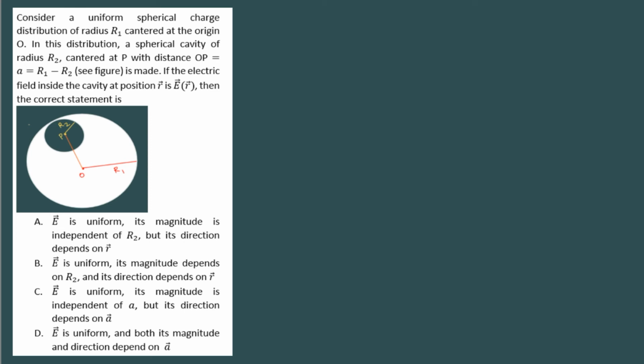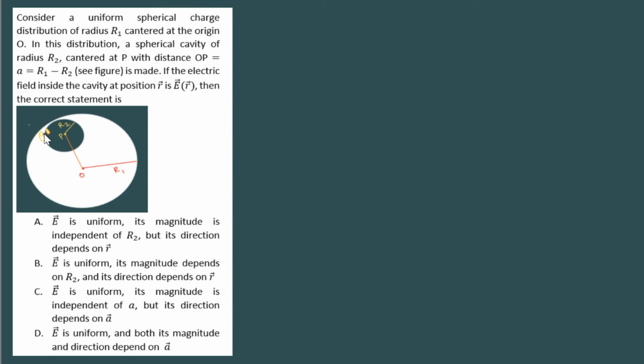So take some point inside the cavity. So let's say I have a point here. I hope you're able to see that. So let's give some other color. So that is the point here.